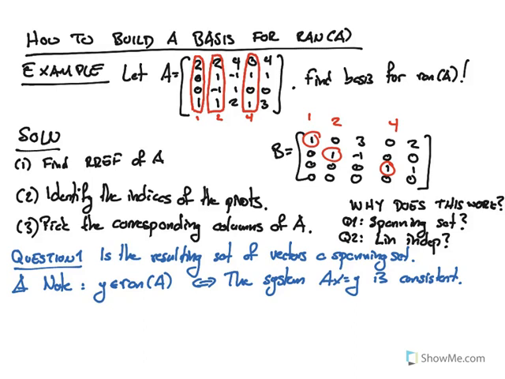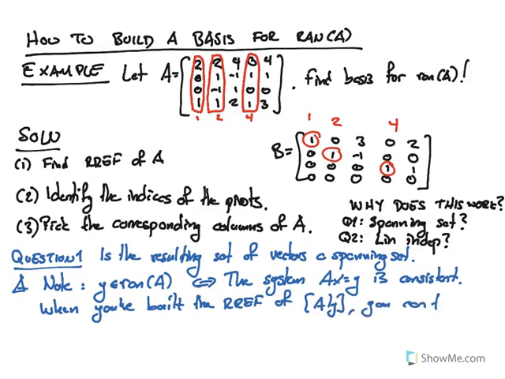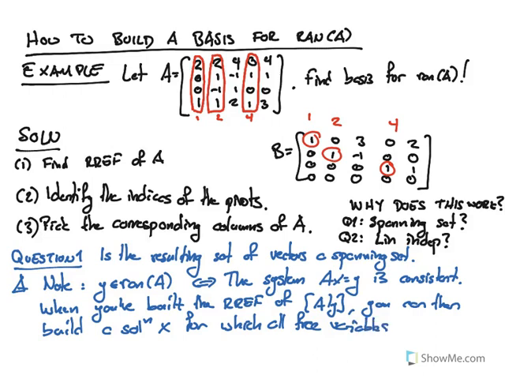So when you've built the RREF of A augmented with Y, you can build a solution X for which all free variables are 0. So you simply don't bring in any components from the third and the fifth column.